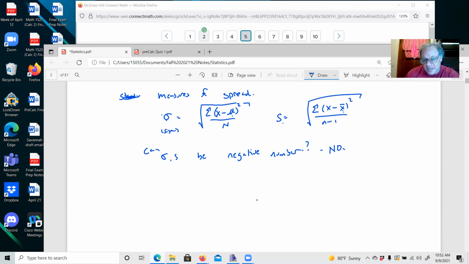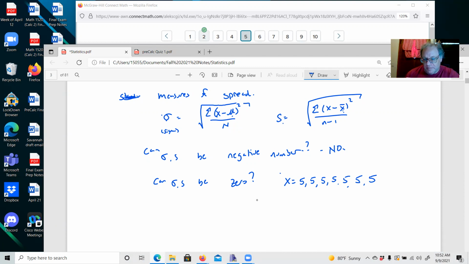Can standard deviation ever be zero? Well, what if we had a really, really boring data set? I think if I look at all of the people in my class this fall, they're all able-bodied.